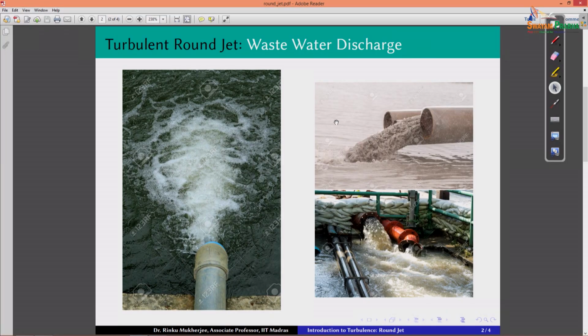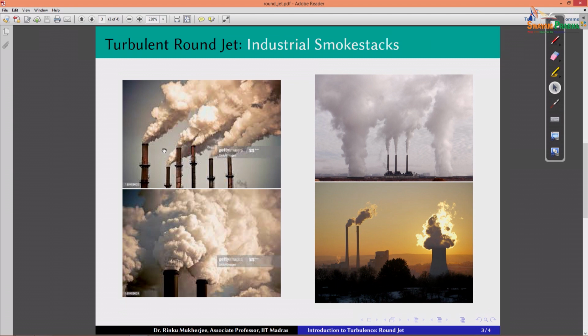So I'll just stop by simply looking at the pictures one time. You have basically these are jets, as you can see, and for example, if you look at this picture, fumes which are coming out of a turbulent jet, right? Now you see there are fluid particles which are located very close to the jet, right? So to this orifice, they all seem to be mixing. These things are moving.